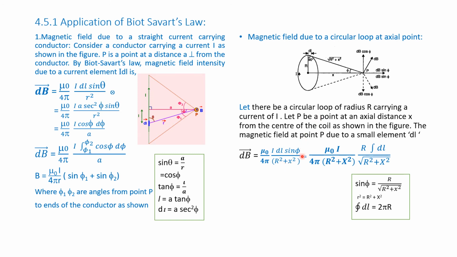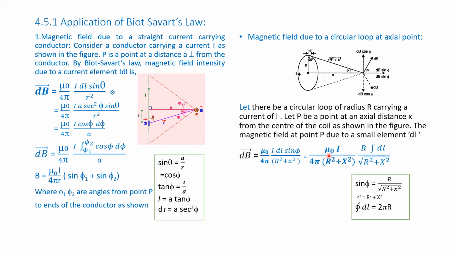Please note down this r square plus x square is the substitute for the denominator, which due to the geometry is given by square root of r square plus x square as the distance between dl and P. See, this is the distance between P to dl, that is square root of r square plus x square.